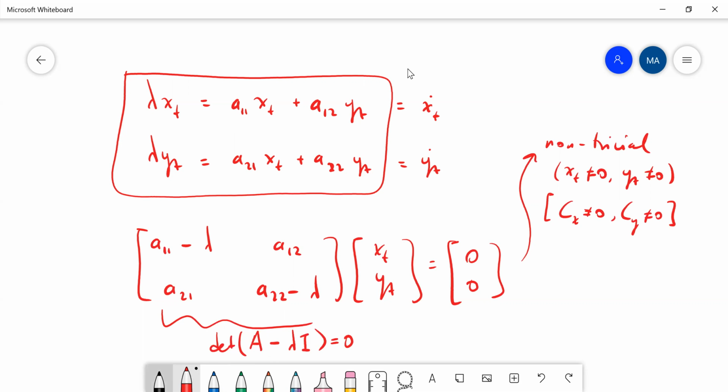If you think about linear systems, you have one equation here, and if slopes are different, you have another equation here. Then you have only one solution, which is at 0. For this reason, we want slopes to be the same. For slopes to be the same, the determinant must be equal to 0.